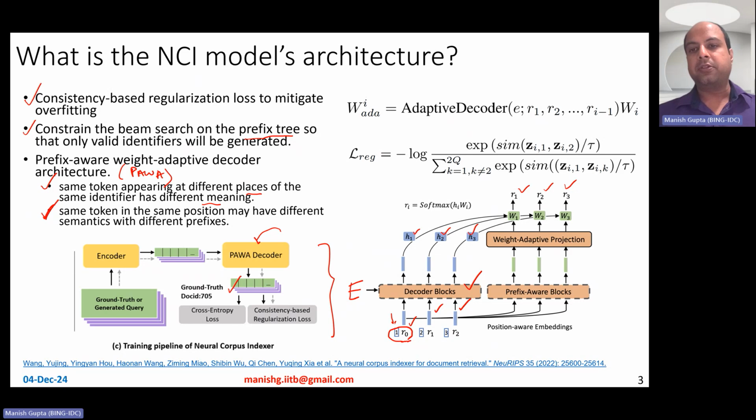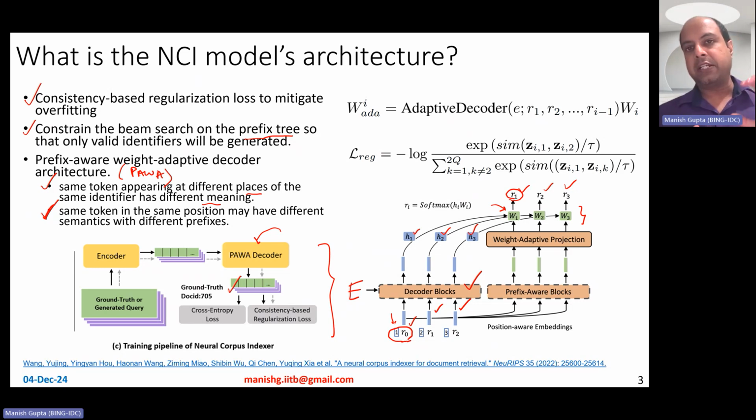Now, the way you would generate these cluster IDs or tokens at the output is by using the standard softmax over H_i W, where W is typically a fixed weight matrix. But in this case, they use different W_i. The final output layer's weight matrix is different for different positions.